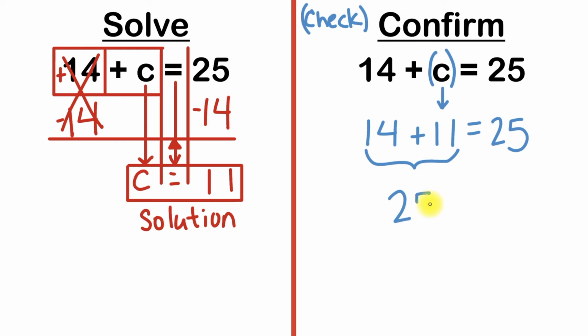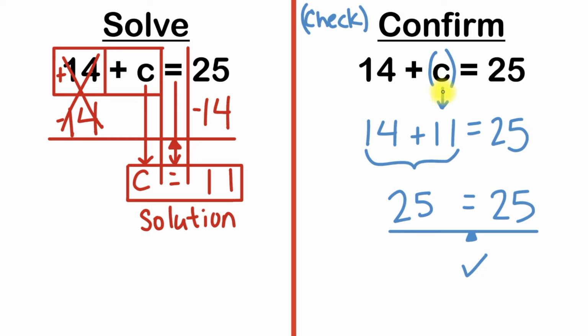So the left side of the equation is 25, the right side of the equation is 25, and remember that it's like a scale. And in this case, that scale is completely balanced because the left side of the scale is 25 and the right side of the scale is 25, which means it's completely balanced and completely equal.